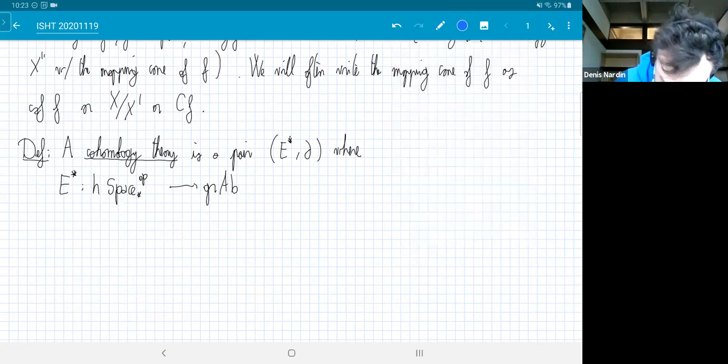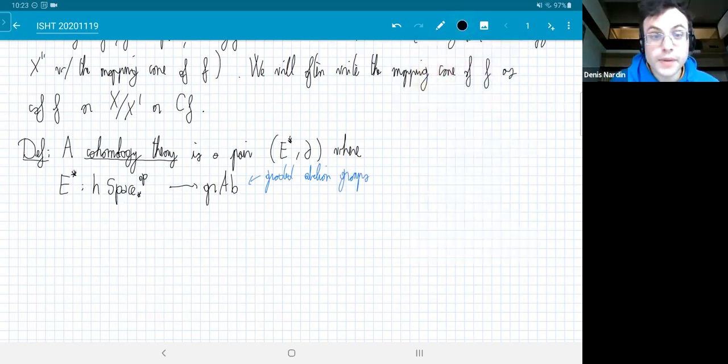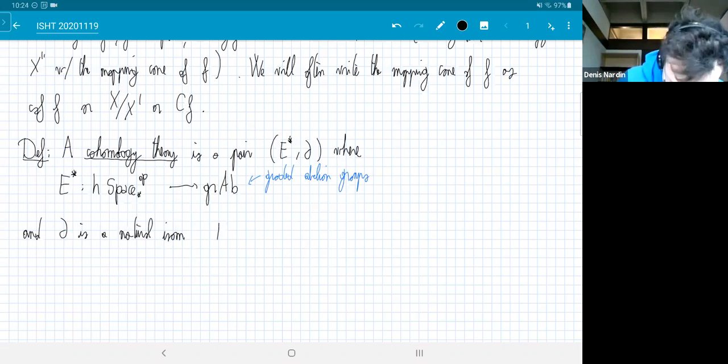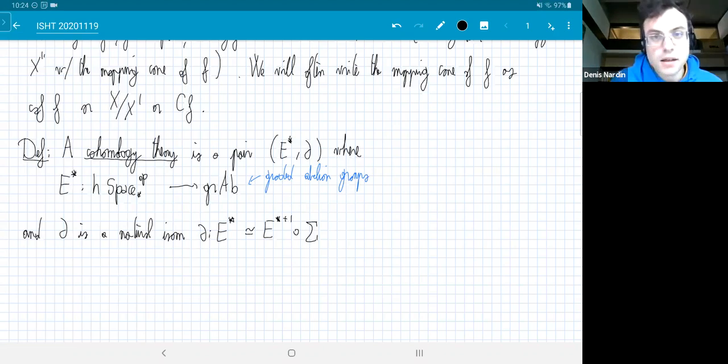Let me spell out what this is: graded abelian groups. And δ is a natural isomorphism of E^* with E^{*+1} composed with Σ, where Σ is the suspension.